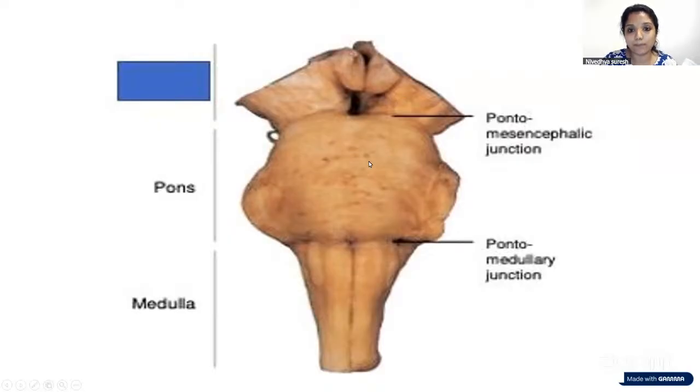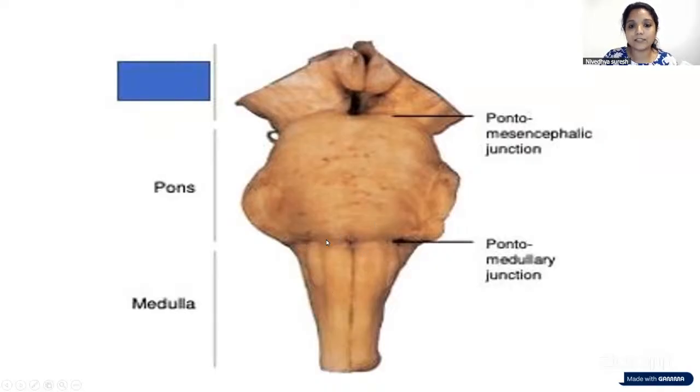And this is the pons. And between them you can see a horizontal groove between the mesencephalon and the pons. This is called the pontomesencephalic junction. And between the pons and the medulla you can see the pontomedullary junction.